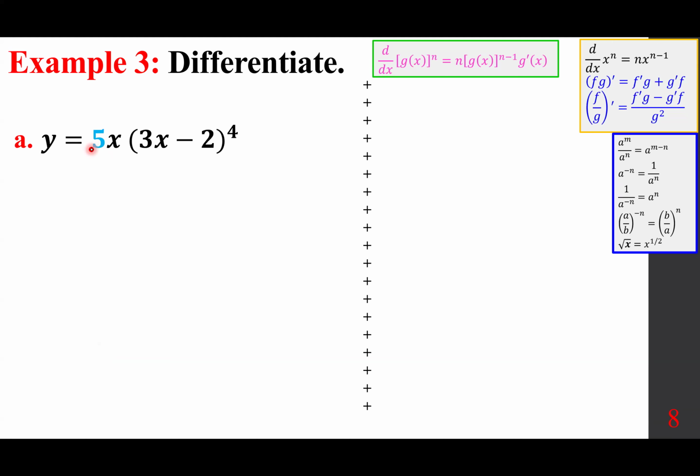So number one, notice that this is the product of this piece and this piece. So I'm going to put a raised dot in between. And I'm going to treat this as one function, this one as the second.